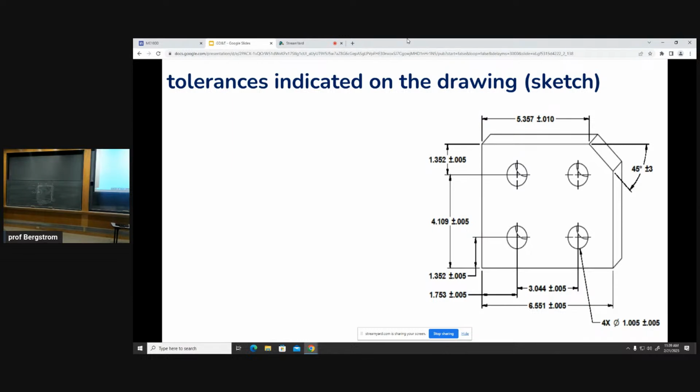That's why we dimension the holes from each other, except that both the top and the bottom holes are dimensioned from the edge of the part, and the width between the holes is dimensioned from each other. Anyway, that's the way you put the dimensions and the tolerances on the page.